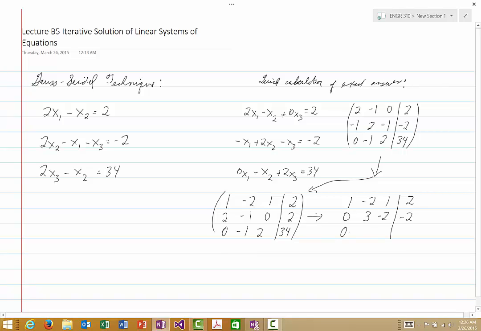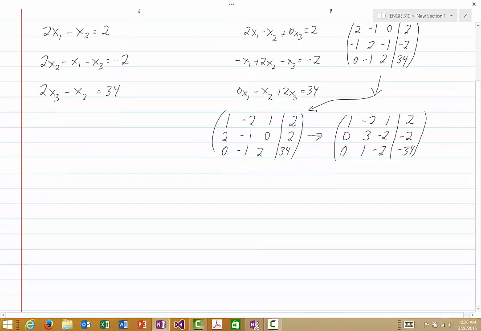And while we're writing it down, I'll go ahead and multiply by -1. So I'll get 1, -2, 1, -34. And now I'm going to interchange, and keep in mind you might do different steps in the Gauss elimination procedure, and that's perfectly all right.